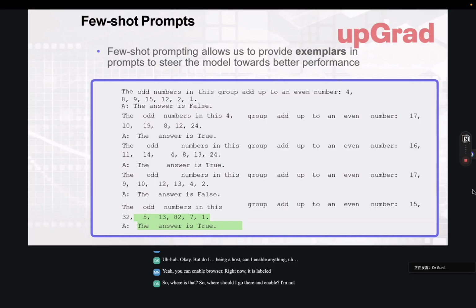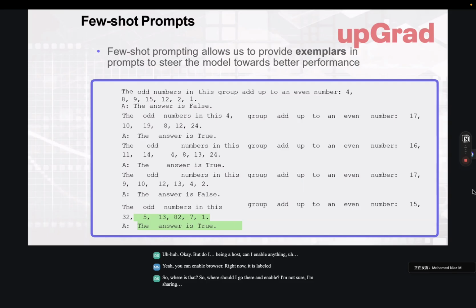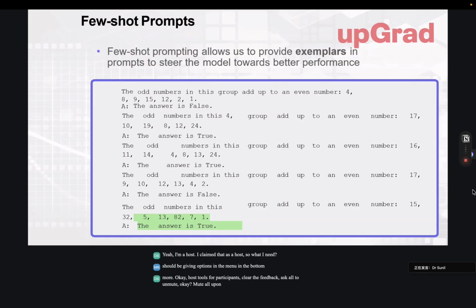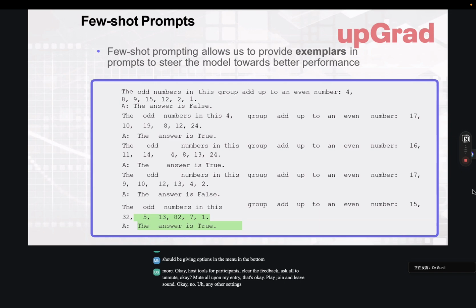I'm not sure. I'm sharing. You are a host, right? Yeah, I'm a host. You should be getting an option in the menu, in the More at the bottom. Host tools for participants. Clear the feedback. Ask all to unmute. Mute all upon entry. Play join and leave sound. Any other settings I need to go to? Breakout rooms, polls. The chat.